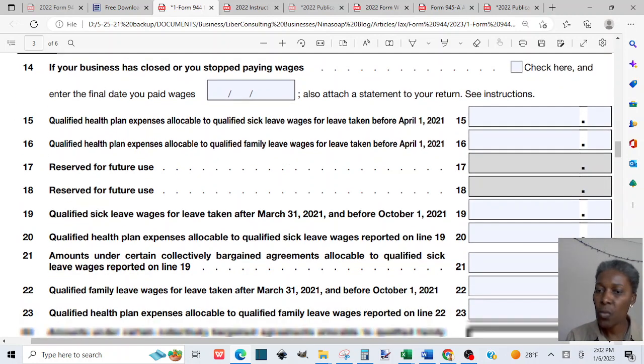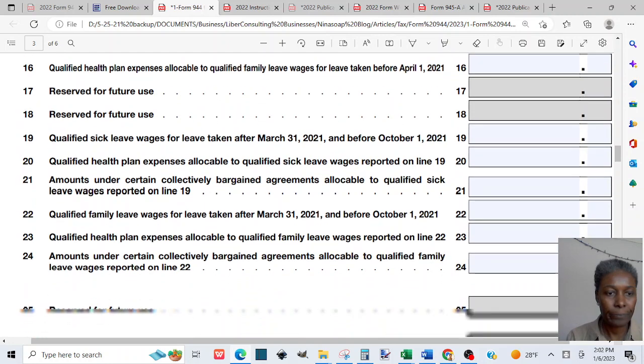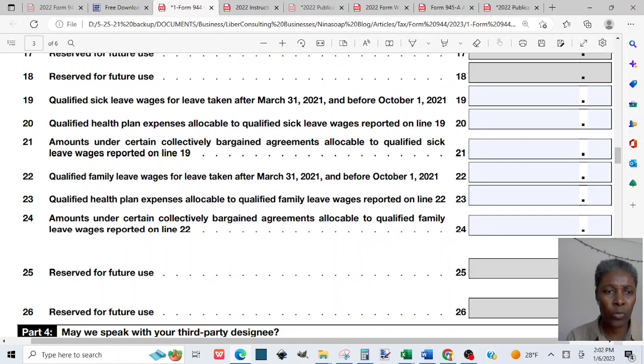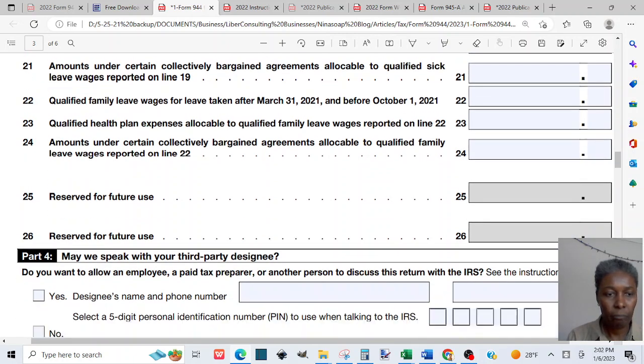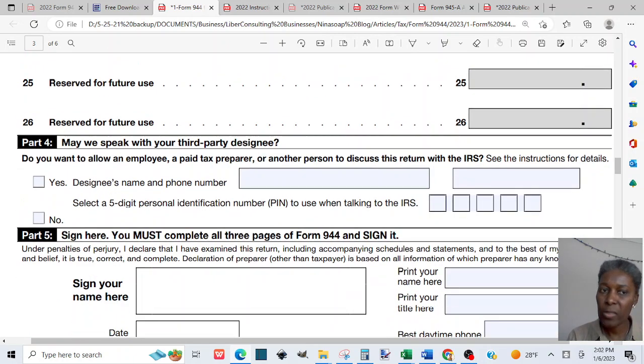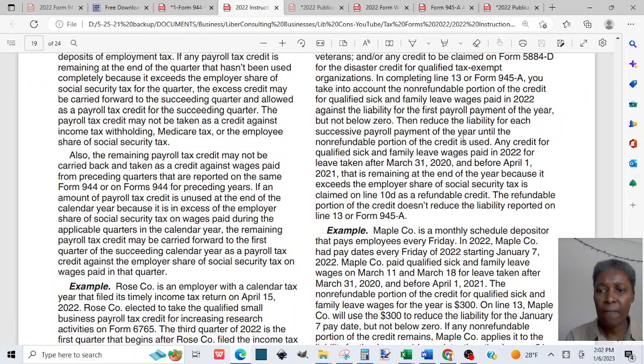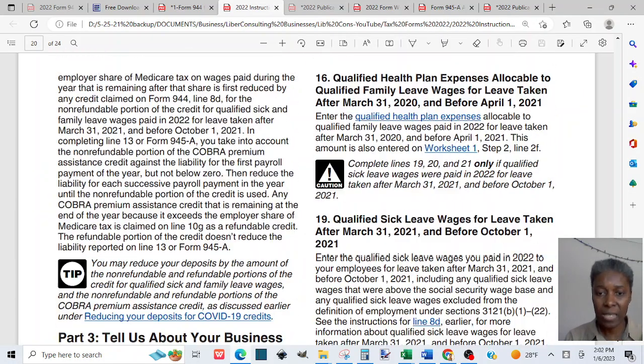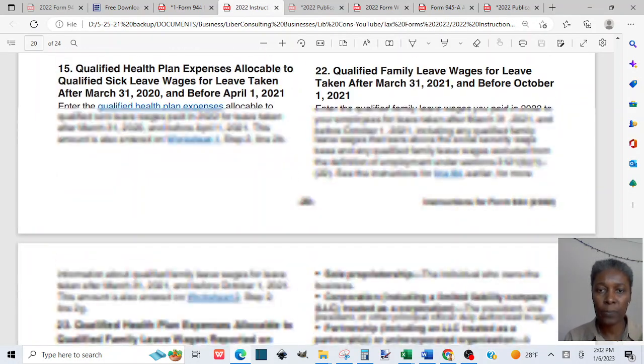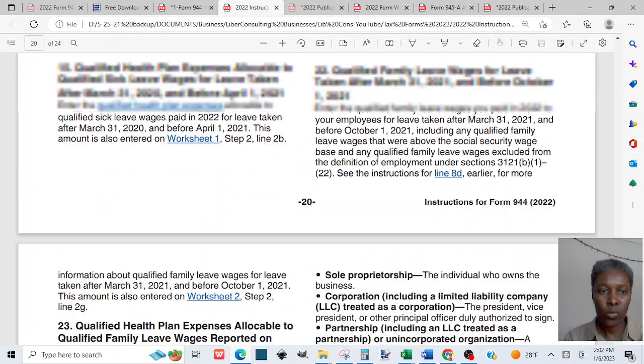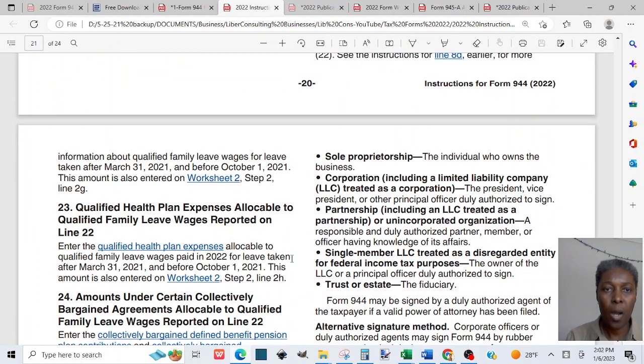In our case, we are going to leave them blank, including lines 23, 24, 25 and 26. We leave them blank, but the instructions will assist you if you need to complete those parts of the form.